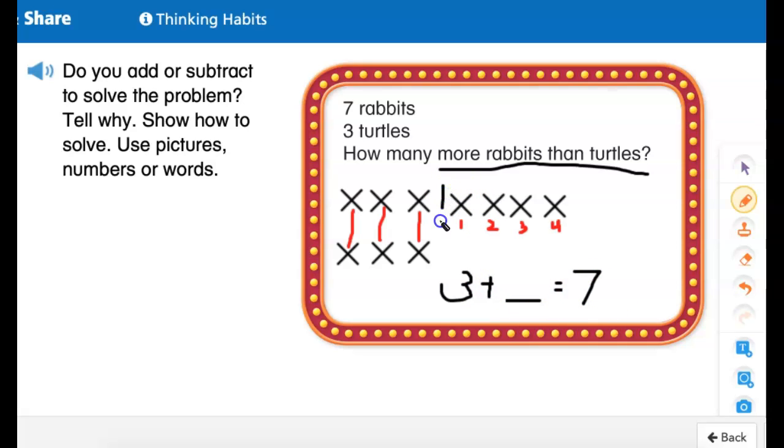And we just did it up here. We saw that there were 4 more rabbits, so we would say 4. 3 plus 4 equals 7. So that is how we could solve it, by using addition.